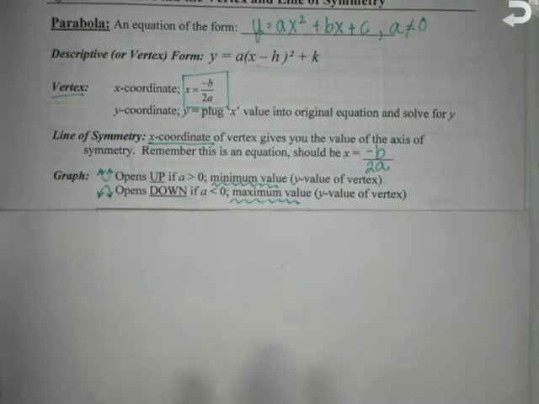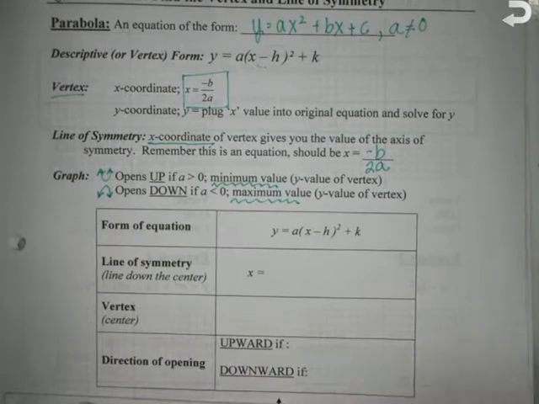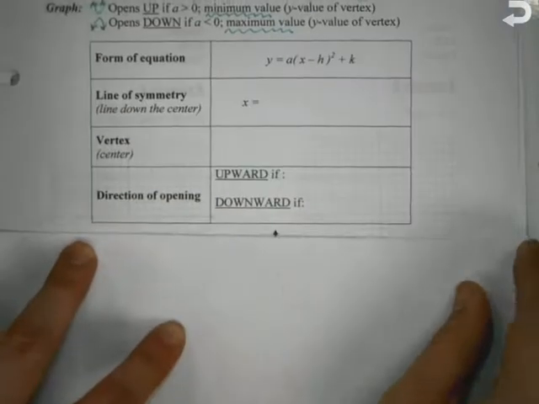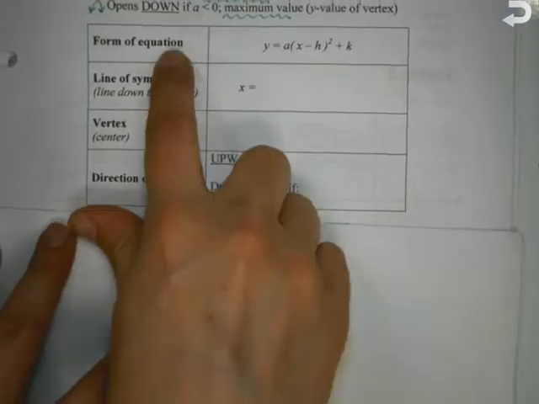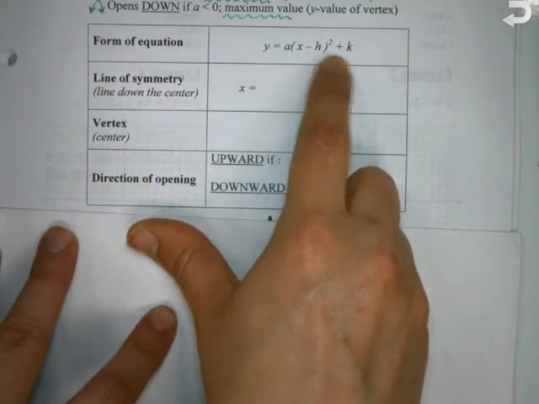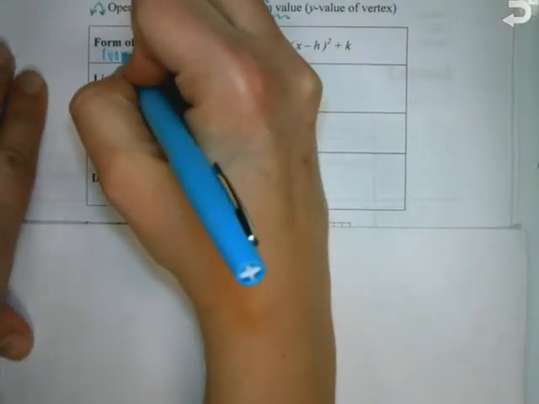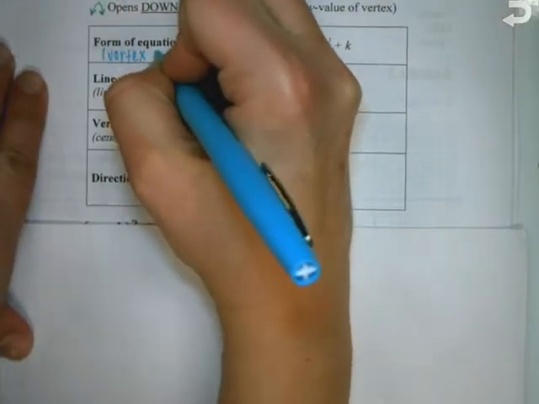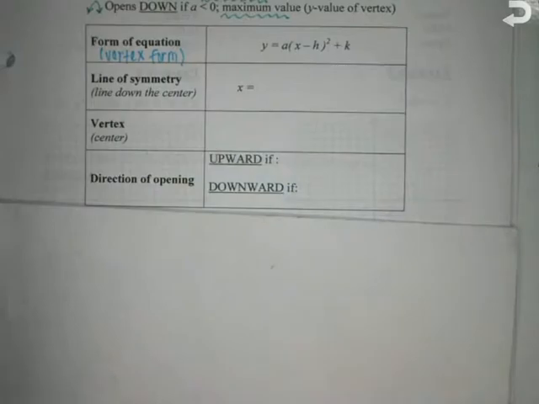Okay, so I have a table for us to just kind of fill everything in to put all of our information together, so let's fill it out. We have the form of an equation, y equals a times (x minus h) squared plus k. This is in vertex form, so why don't we label that vertex form? Okay, and remember, we like vertex form because it gives us all of our information.